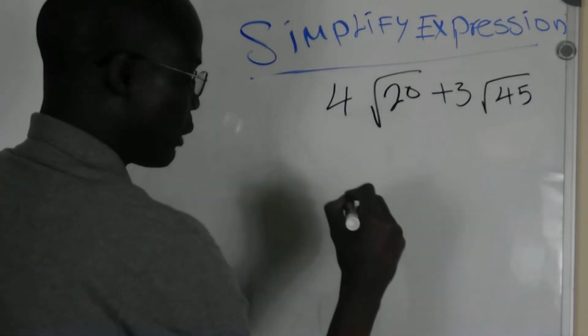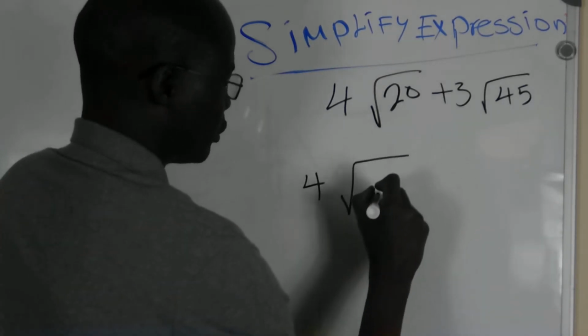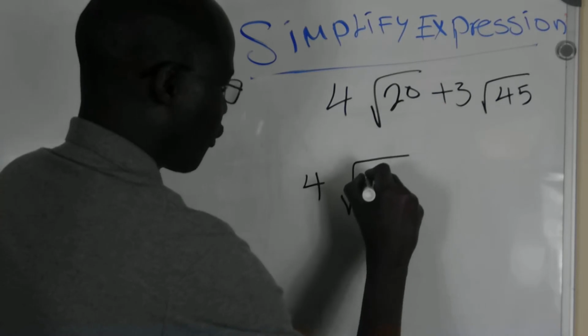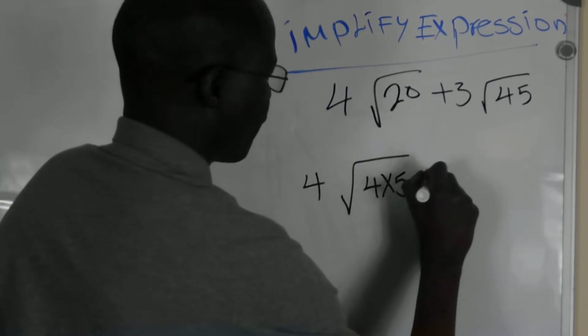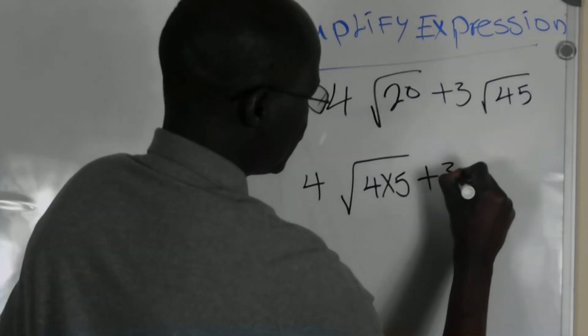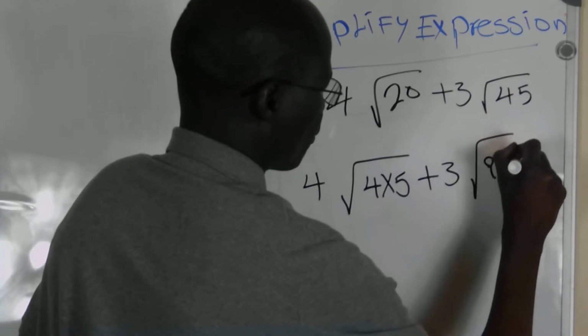The same as what we did before. So it will be 4 root of 4 times 5, plus 3 root of 9 times 5.